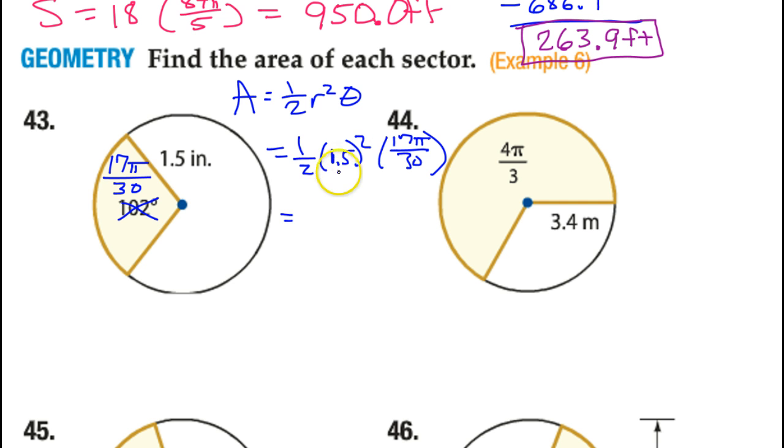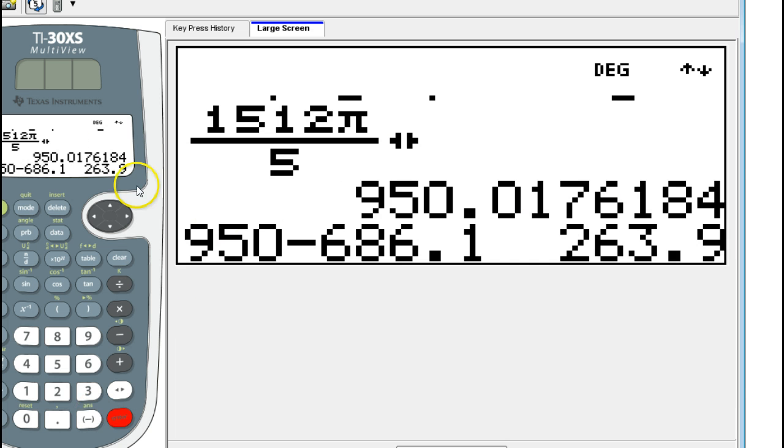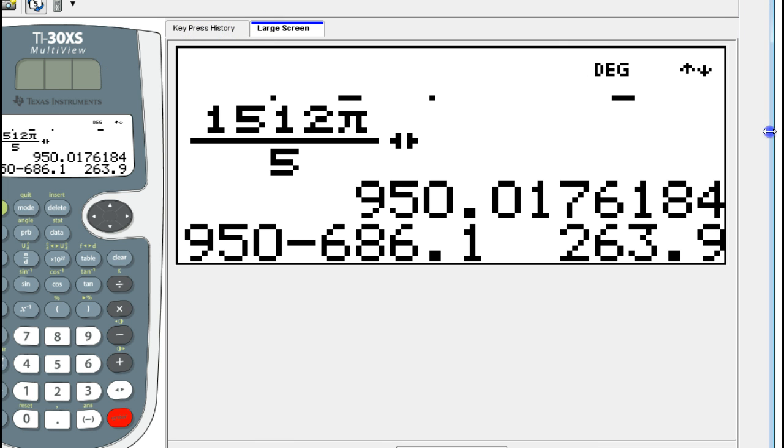We're going to wind up using our calculator anyway, so we might as well go all the way and just use our calculator for this whole thing.